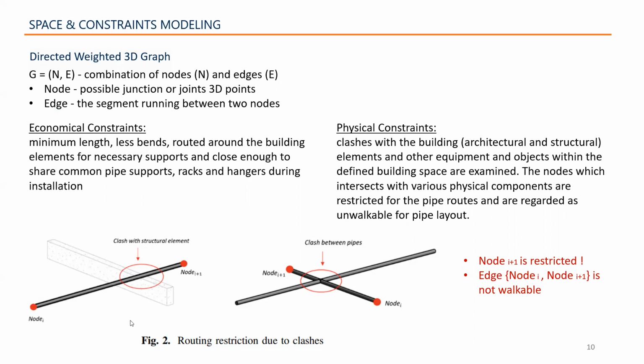These are 2 common clash conditions for one node, node i. This one is a clash with the structural beams. This one is a clash between the PEPs. So if node i plus 1 is restricted, the edge between node i and node i plus 1 is not workable.